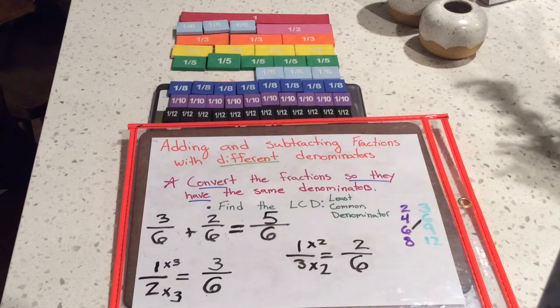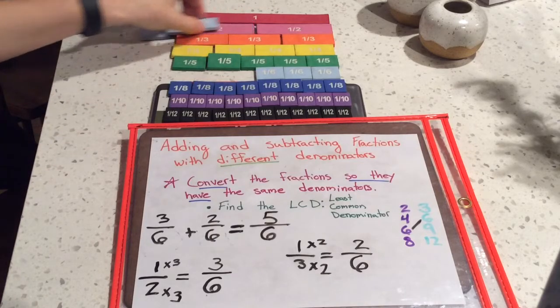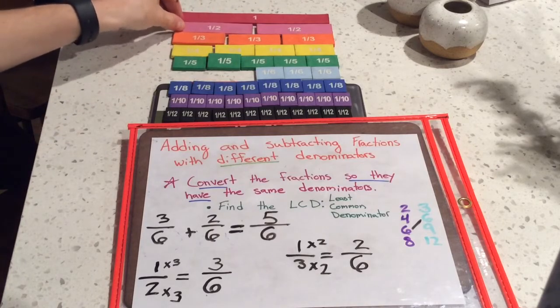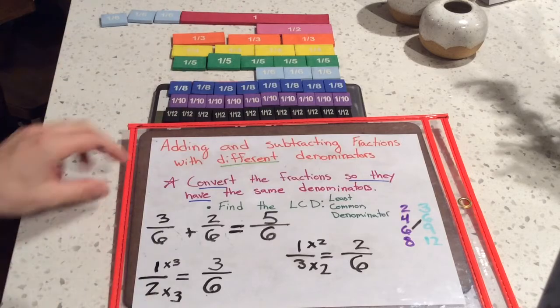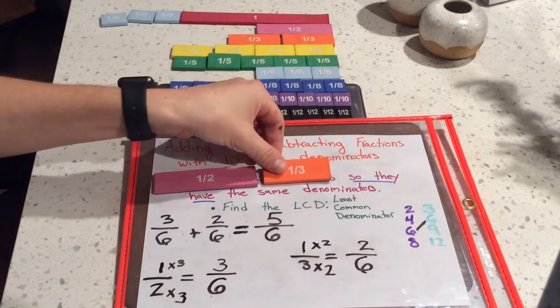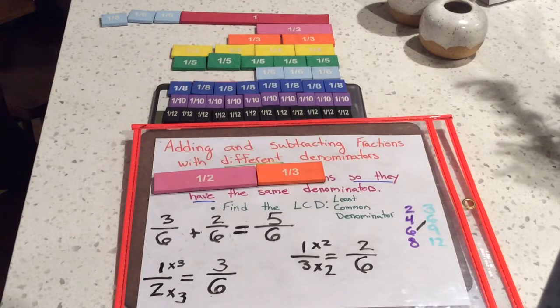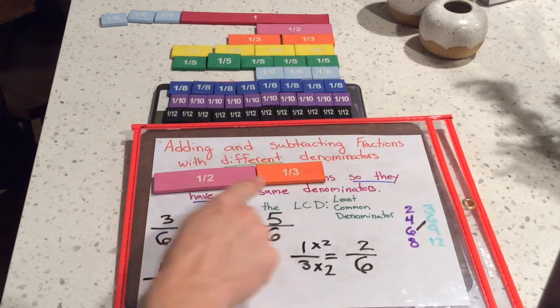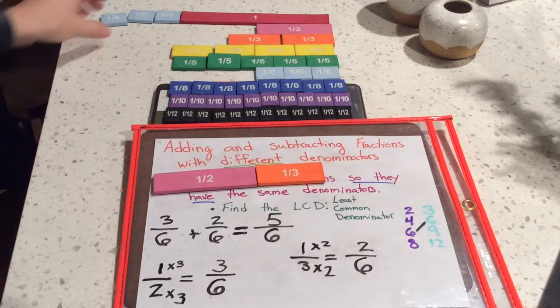So I know I erased my original equation, but if you remember, I was adding 1/2 and 1/3. 1/2 plus 1/3. And we said our final answer, when we add 1/2 and 1/3, is equal to 5/6.